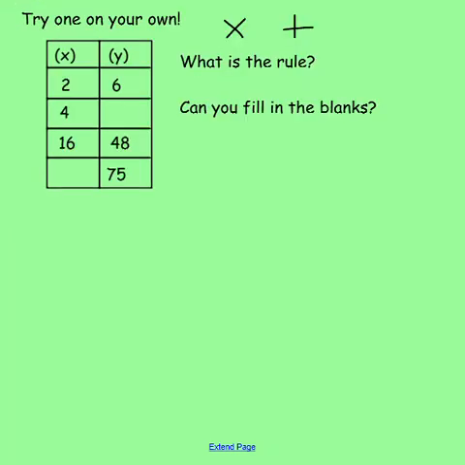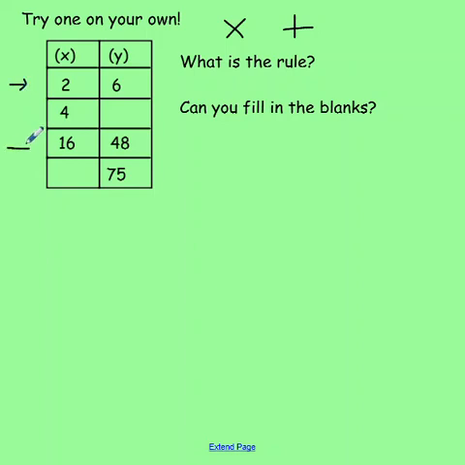Take a look at this example. You are to copy this table into your notes. You are to tell me what the rule is. My hint is the numbers are getting larger because I have to look at these two examples.